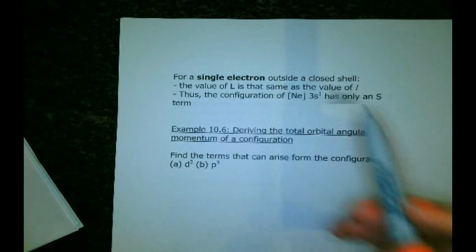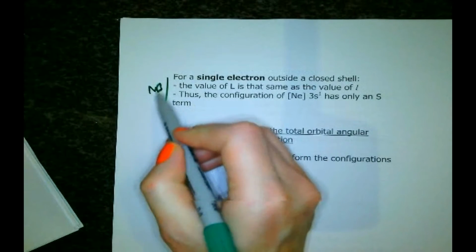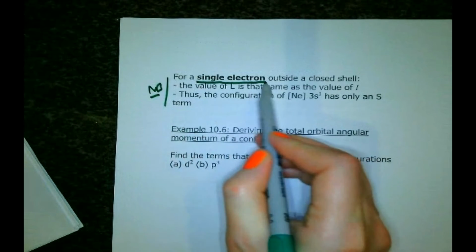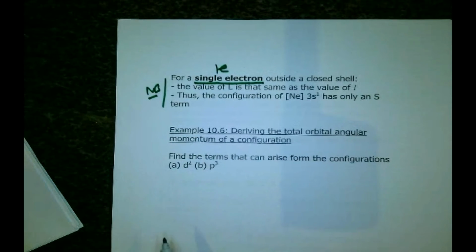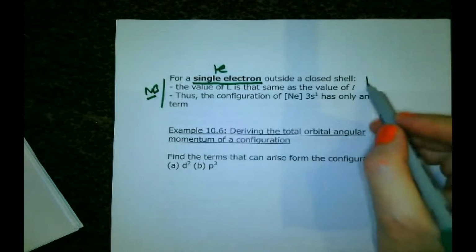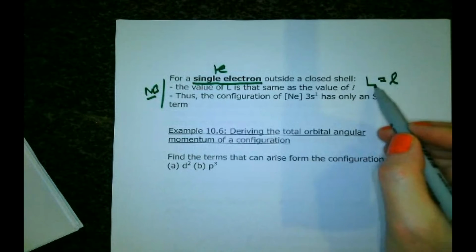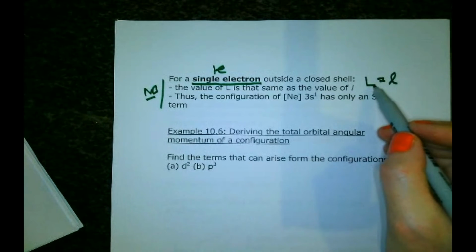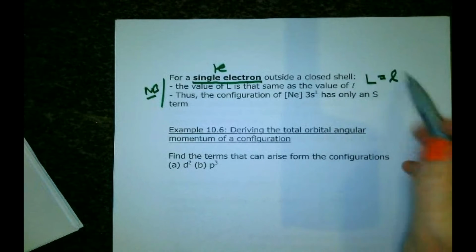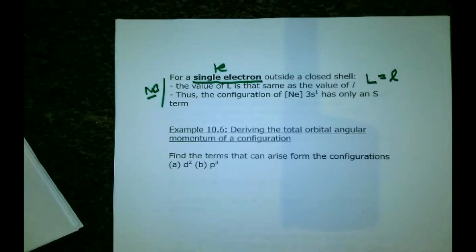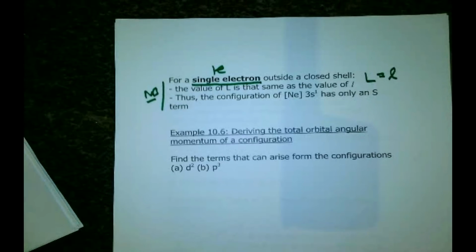And then another important thing to remember, if you have a single electron, so now we're back to a one electron system. In that case, the value of uppercase L, so the total orbital angular momentum, is the same as the orbital angular momentum of that electron.